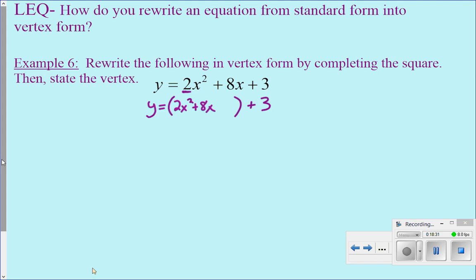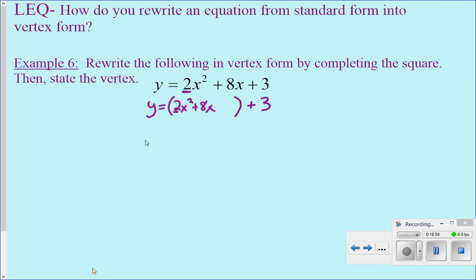Okay, so you cannot complete the square with more than one x squared. I need just one. So I can't just take this 8 and divide by 2, square that. Okay, can't complete the square unless it's a 1x squared. So whatever the a value is, in this case it's a 2, that number needs to be factored out.